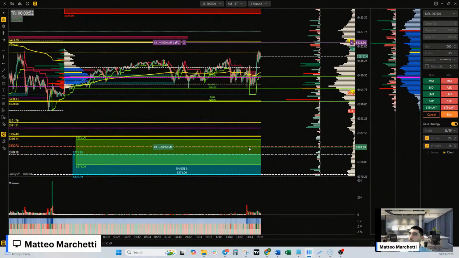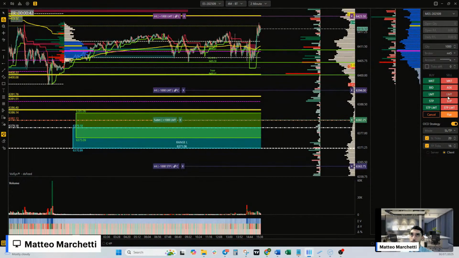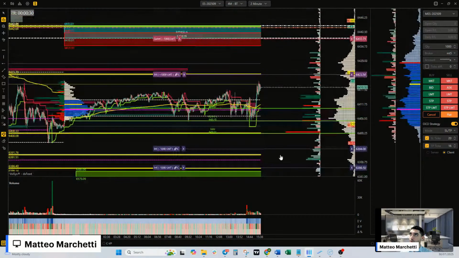This is going to be a bit tricky because the area is quite huge, but we will try to do our best. We can also put two orders in here, another limit. Perfect. So these are the orders I'm going to use for the rest of the day.